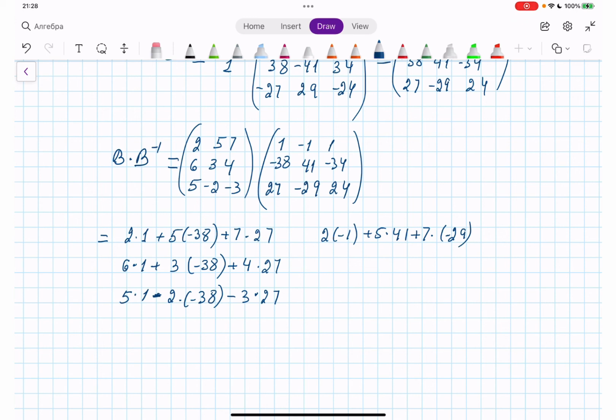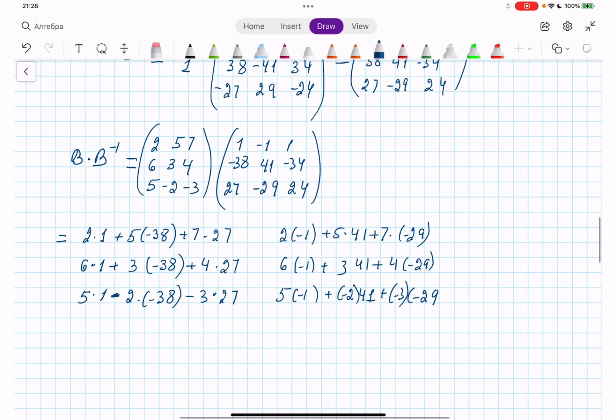And here write down the second row of the original one, 6, 3, 4, and then the third row of the original one, 5, negative 2, negative 3. Yes?